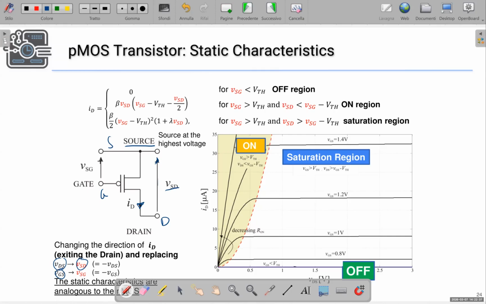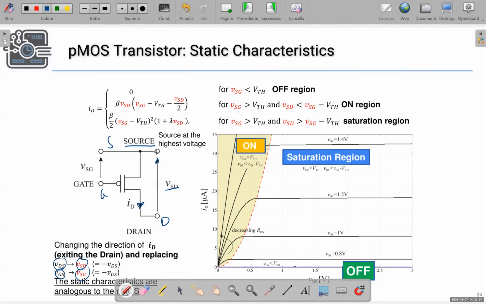The gate source voltage is replaced with the source gate voltage, positive on the source and negative on the gate, since in PMOS devices, the gate is always at a potential which is lower than the source, and the drain is at a potential which is lower than the source.